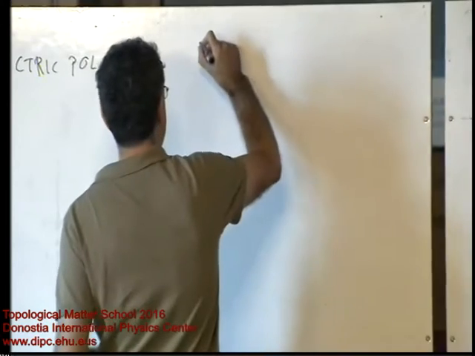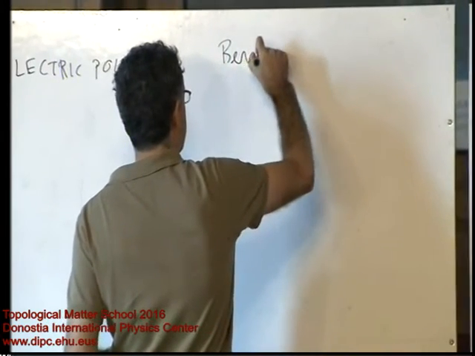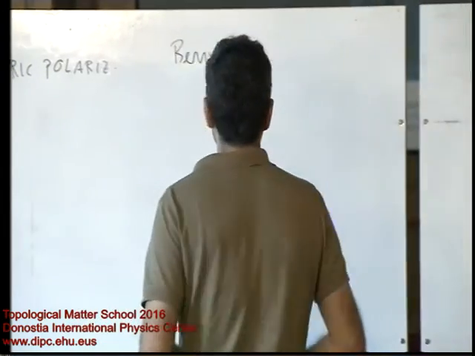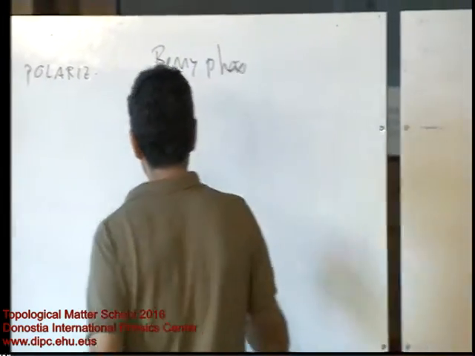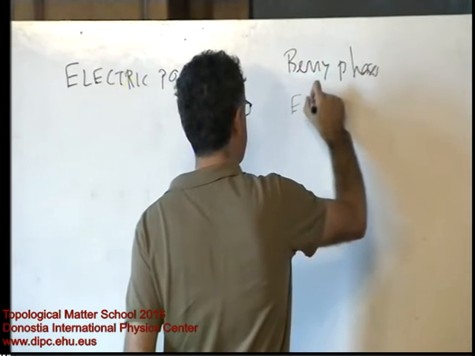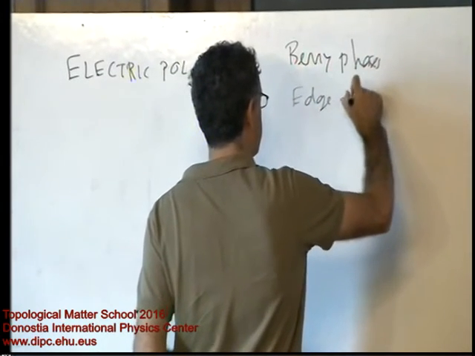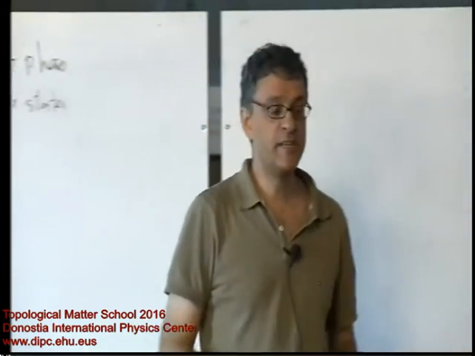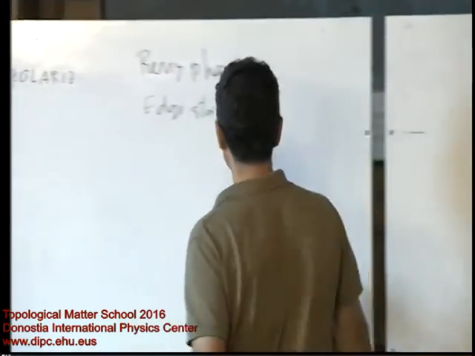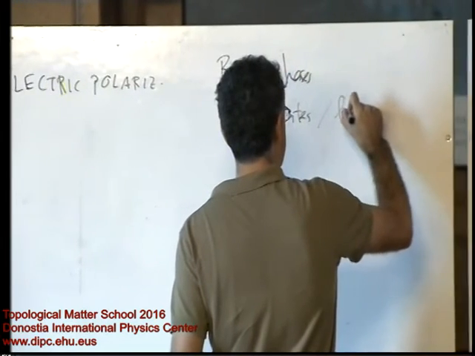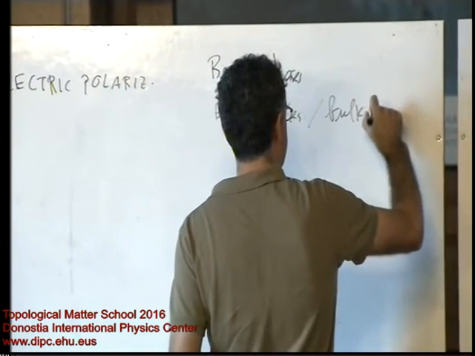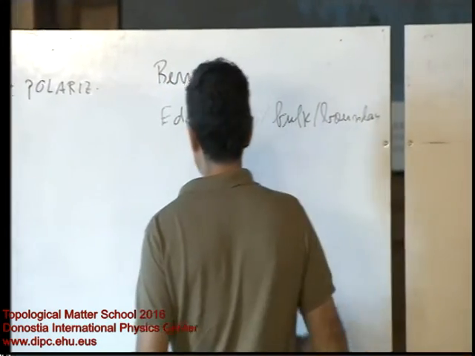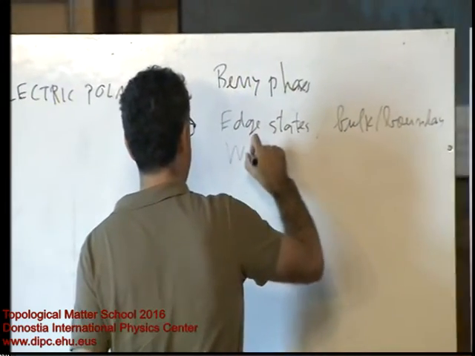So obviously Berry phases, but also edge states, and this intriguing bulk-boundary correspondence. I'll talk a lot about something called Wannier functions.